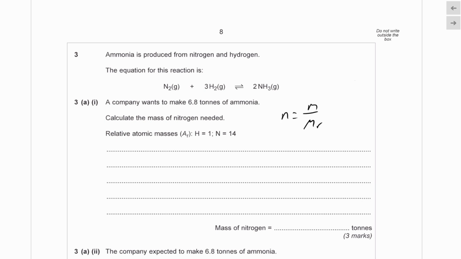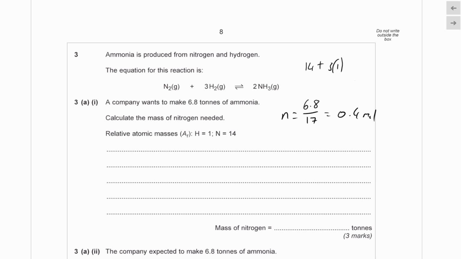Because I know I want n, but I know m and I know Mr. So the mass, in this case, and we're using tons for mass, is 6.8. And the molecular mass is going to be, well, it's 1 nitrogen, which is 14, plus 3 lots of hydrogen, which is 1, making that 17. All right, so we do 6.8 divided by 17, and that will give us our number of moles, and that comes out at 0.4. So that is equal to 0.4 moles.